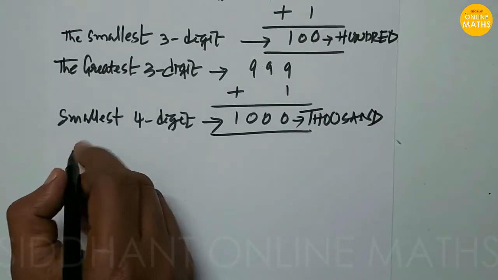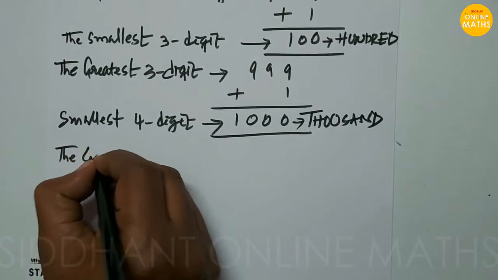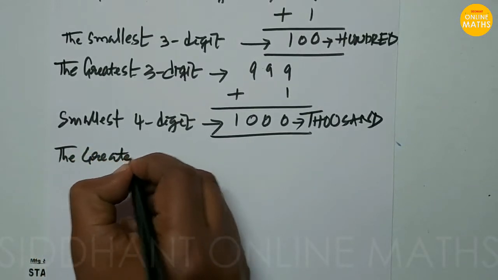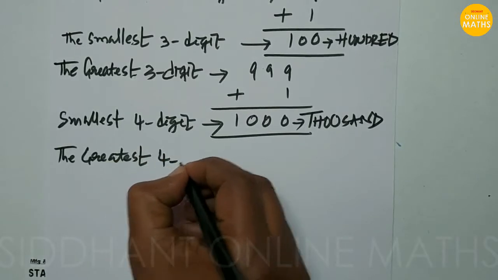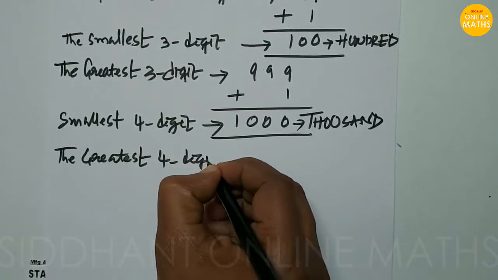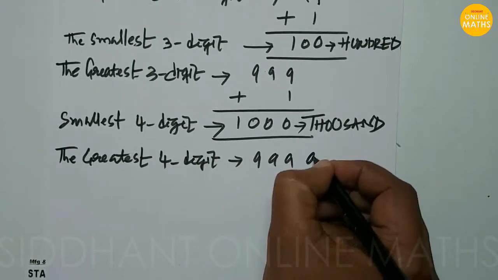Continuing, the greatest four digit number is 9999.